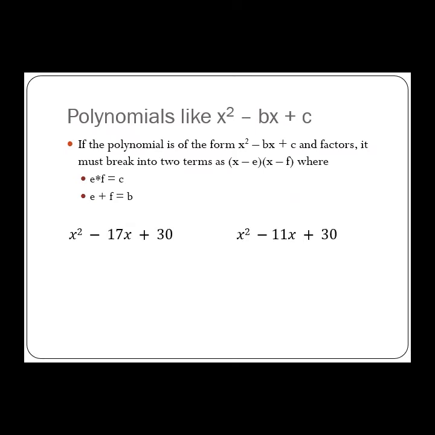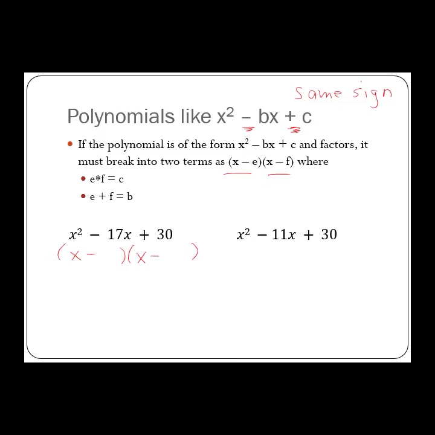What if the last number is positive, but the middle number is negative? Again, you remember our examples from the beginning, in order for that last number to be positive, that tells you they have to be the same sign. So if the middle is negative, these have to be two negative factors. So that's what we are looking for. So in this case, I'm looking for two negatives.